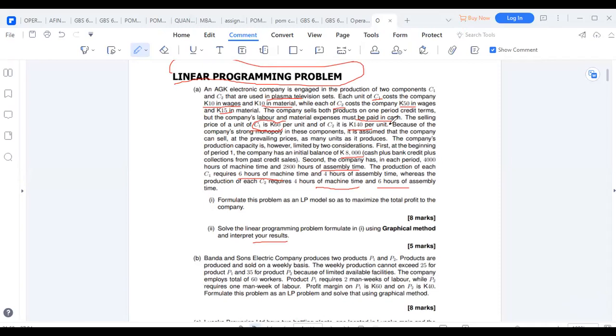All right. So the opening cash that we had at the beginning, the company has an initial balance of 1,000 cash plus bank credit. This is where the 8,000 is coming from. So the total we spent on product 1 and product 2 was supposed to be paid in cash. So this is why we have incorporated another constraint here.